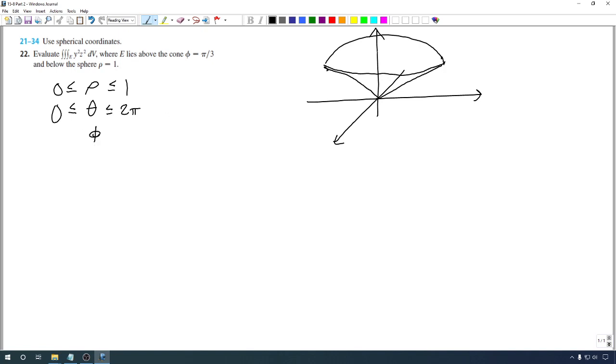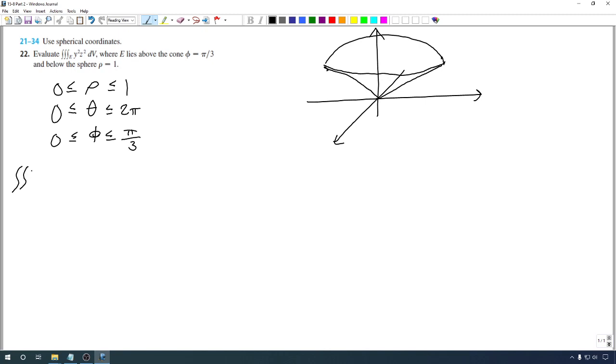And then phi, because we're doing everything above the cone phi equals pi over 3, starts at 0 at the positive z-axis and goes to pi over 3. Those are the limits that we're going to use on our triple integral.